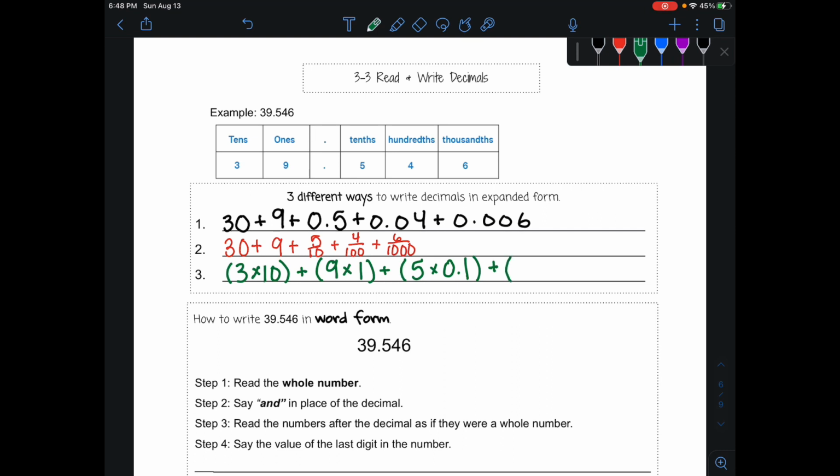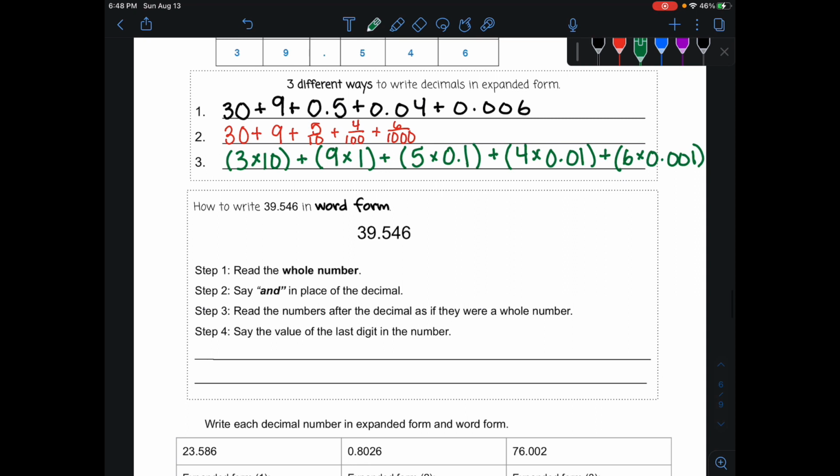And then we have 4 times 0.01 plus 6 times 0.001. All right? So 6 times 1,000th.